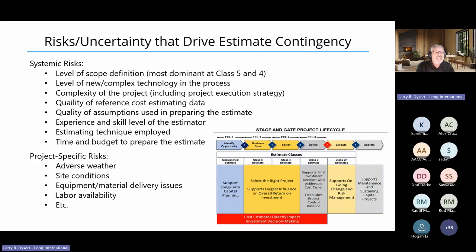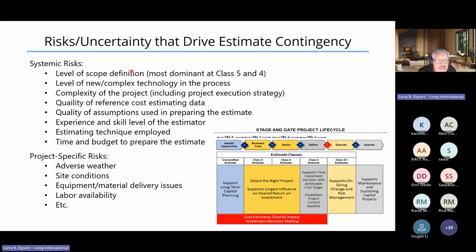When we're trying to define uncertainty to enter into our risk analysis models, we might divide those between systemic risks, risks that are inherent to our project development and estimating practices, versus very project-specific risks. So we typically tend to name these systemic versus project-specific. Systemic risks are the overall level of scope definition.